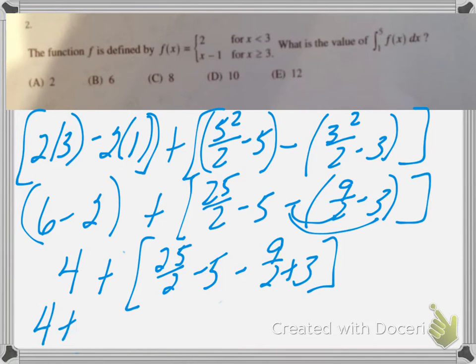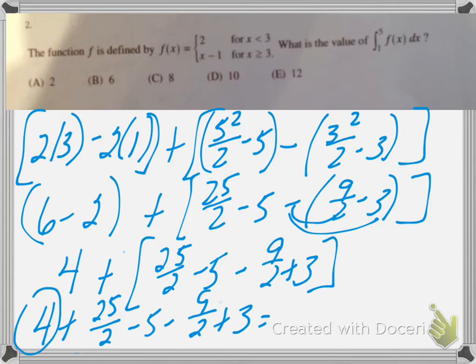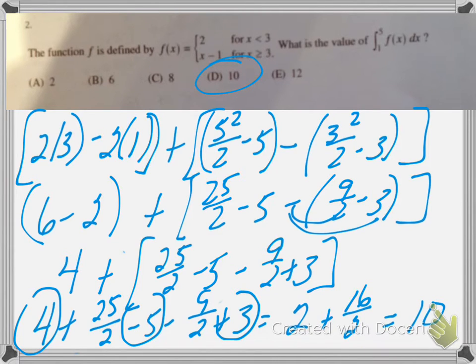Okay, so we're ending up with this. Okay, so if I do my whole numbers first, I have 4 minus 5, that's negative 1. Negative 1 plus 3 is a positive 2. And then I have 25 over 2 minus 9 over 2, so that's going to be 16 over 2, which is equal to 8, so 2 plus 8 is equal to 10, and that was choice D.